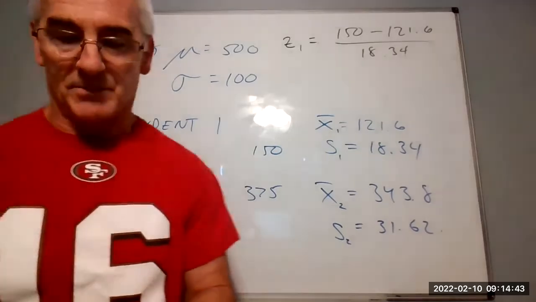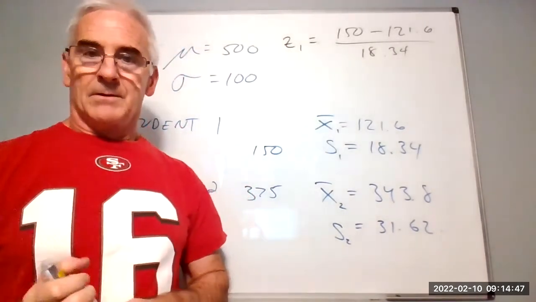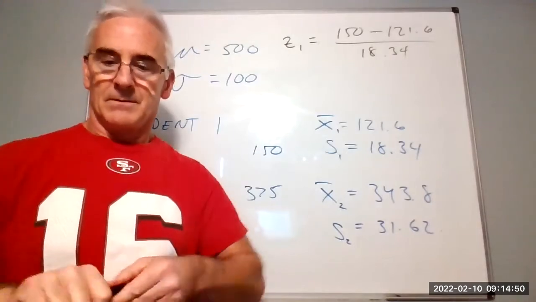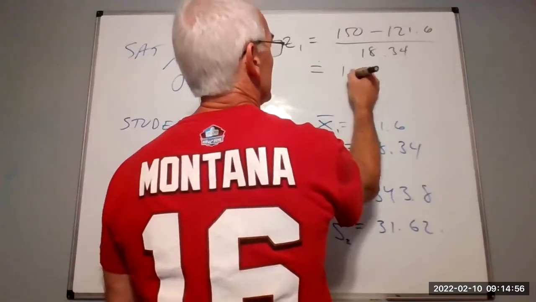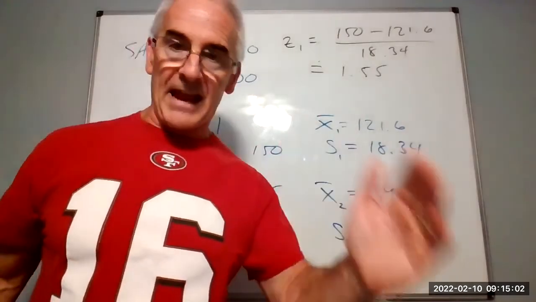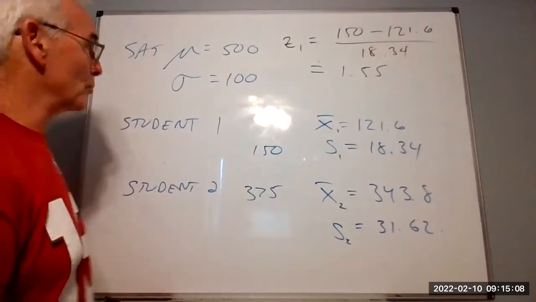Tell me when you got a number. About 1.55, good. By the way, it's already rounded up because it's 1.548, so we round it to 1.55. As I said, 2 decimal places is kind of the universal norm.